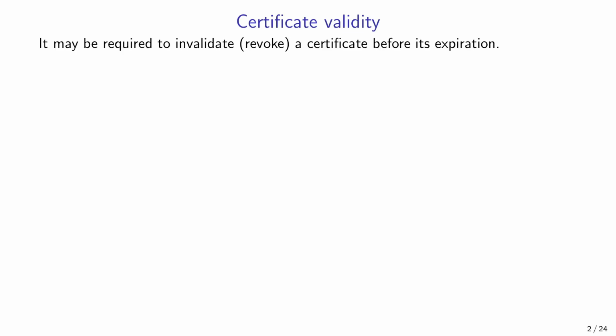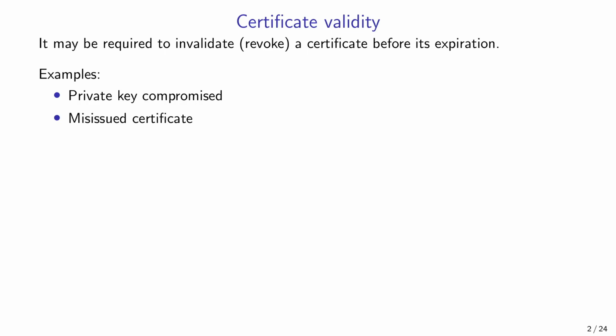In practice, however, this is not enough, since it may be required to invalidate or revoke a certificate before its expiration. Some examples. If it turns out that the private key is compromised or lost, we would want to revoke the certificate so that relying parties would stop trusting it, right? Then it can turn out that the certificate has been misissued.